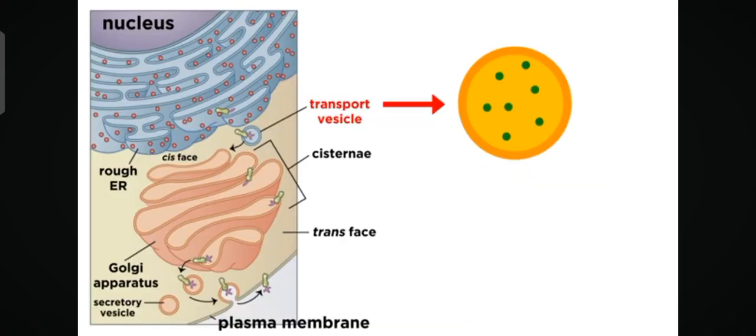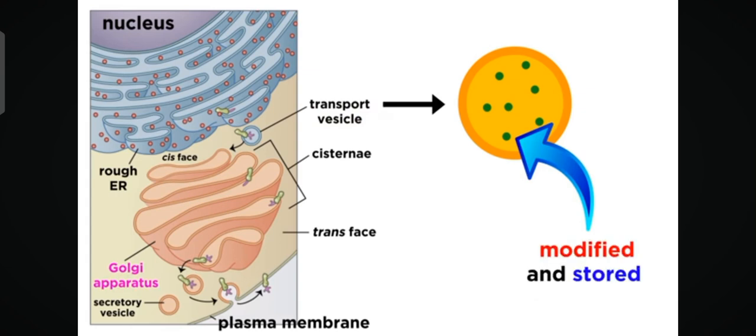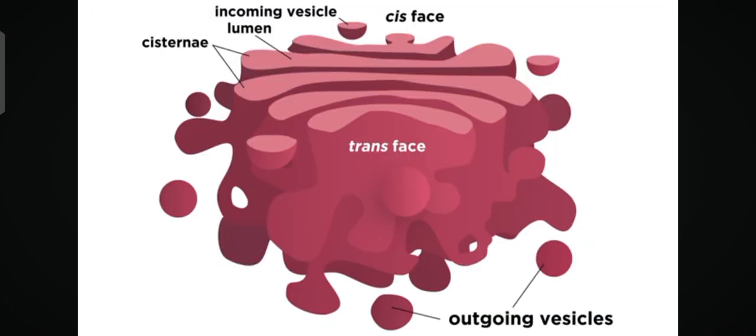Most transport vesicles, like the ones going from the ER to the cell membrane, stop off here first. The things inside the vesicles, like proteins, are modified and stored, and later sent to where they need to go. The Golgi apparatus consists of a series of stacks, and there is a cis face, usually facing the ER, where vesicles arrive, and a trans face, where vesicles leave.